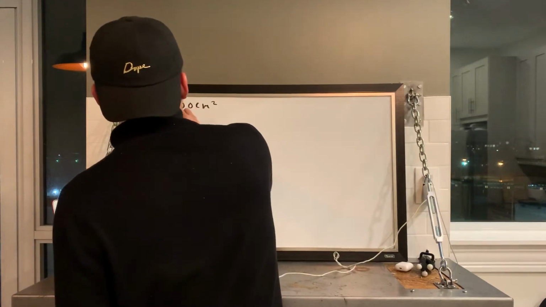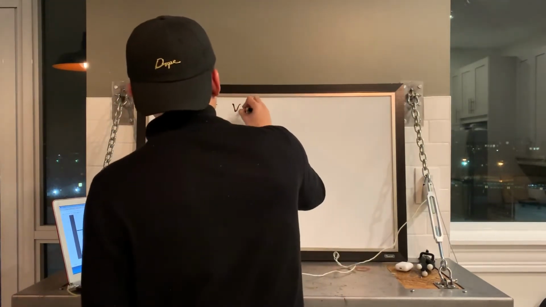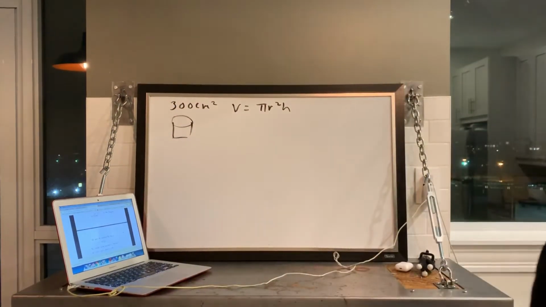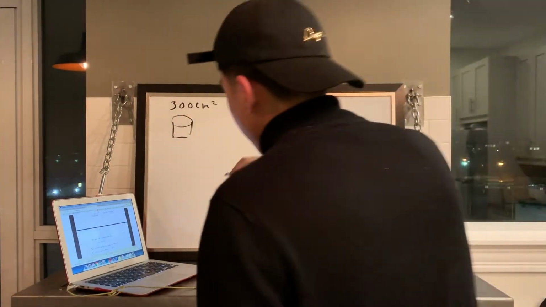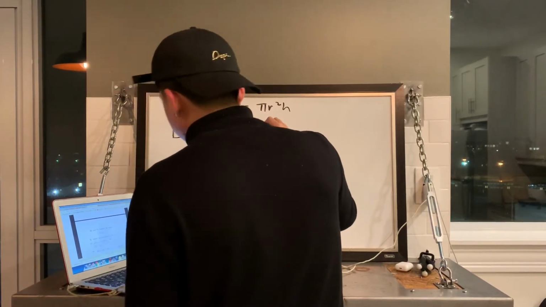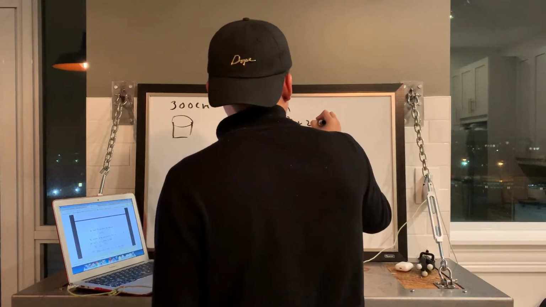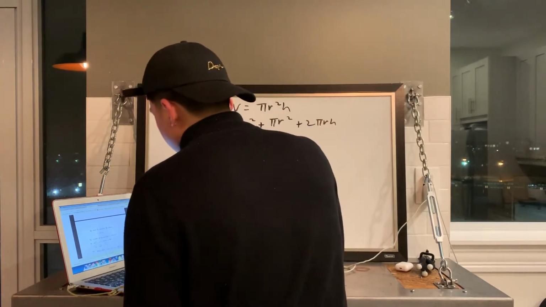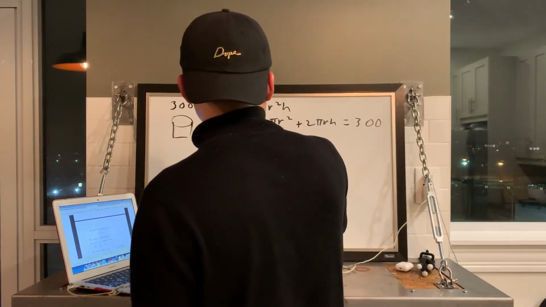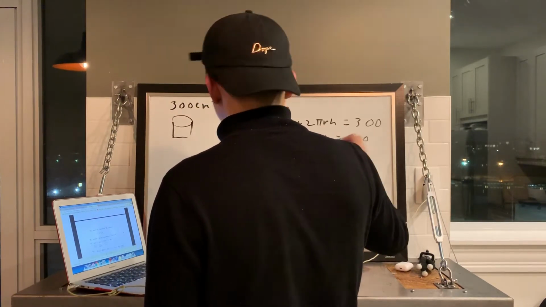So it's a cylinder. The volume of the cylinder is pi r squared h, because pi r squared is the area of the circle and h is the height. And then surface area is pi r squared plus pi r squared plus 2 pi r h equals 300. And now we really just simplify to 2 pi r squared plus 2 pi r h equals 300.